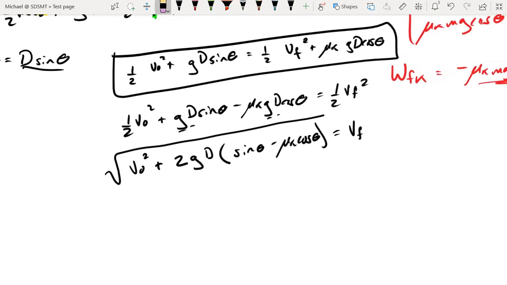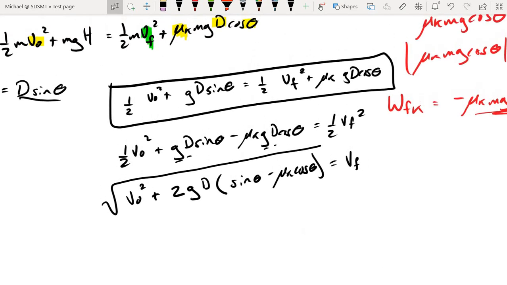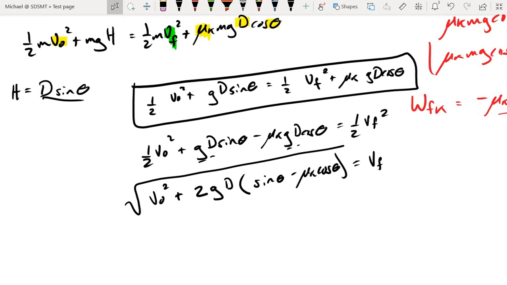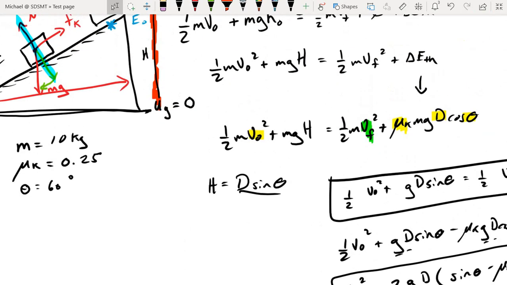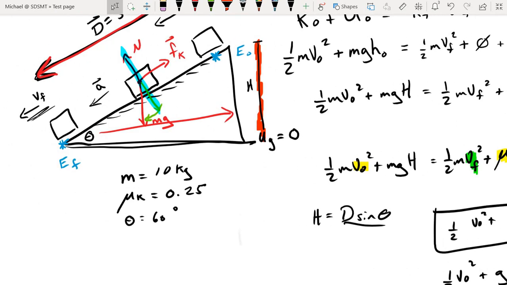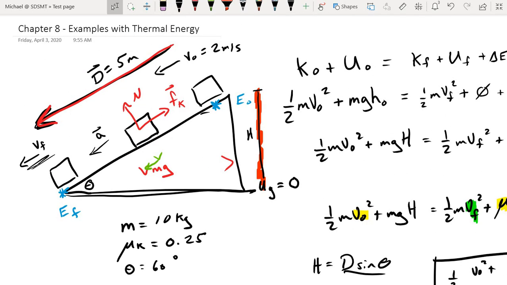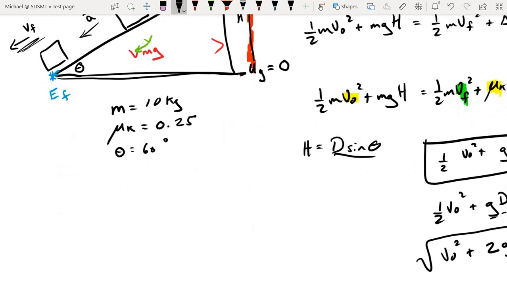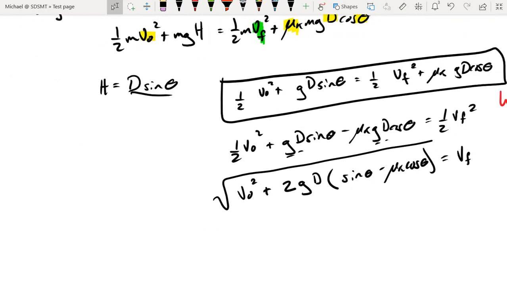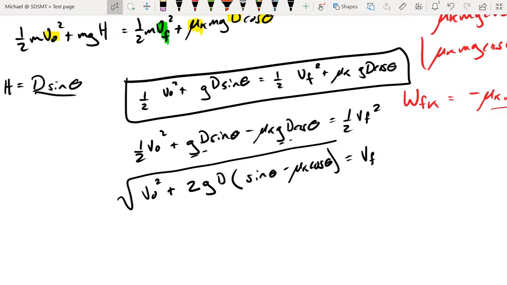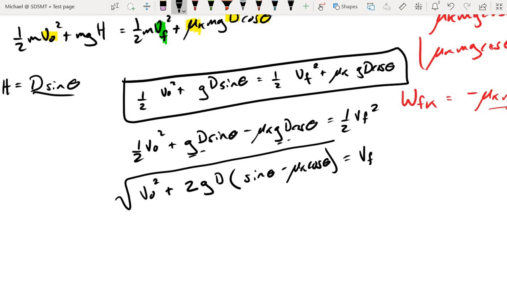Now, we're taking a little bit of a risk here in assuming that our block is actually going to make it the full distance D. The way we've set up our equation is we're assuming that we're going to make it the full 5 meters before we run out of kinetic energy.